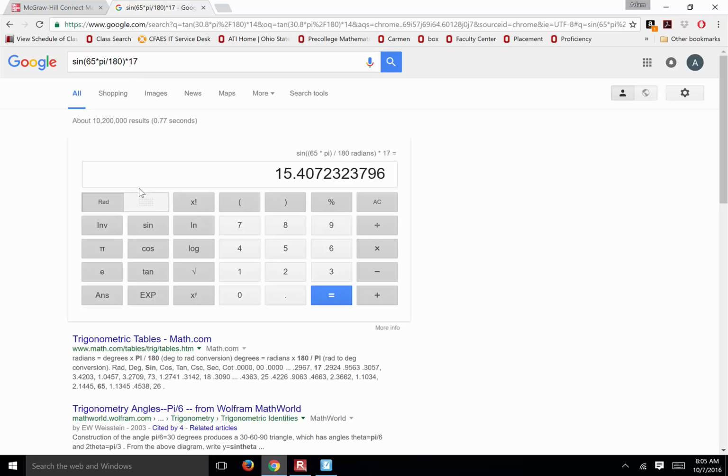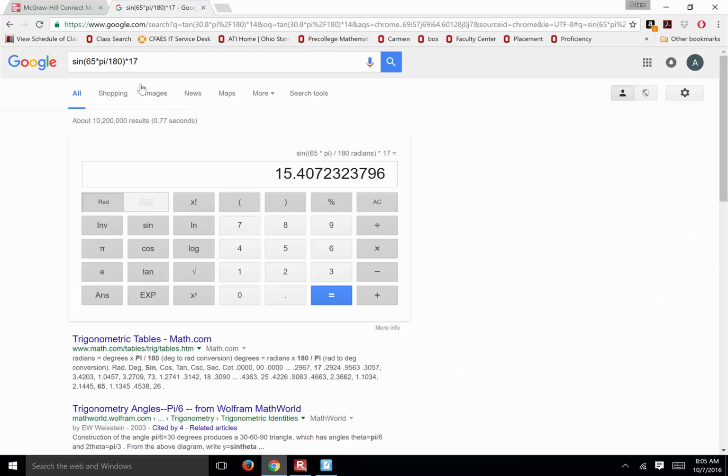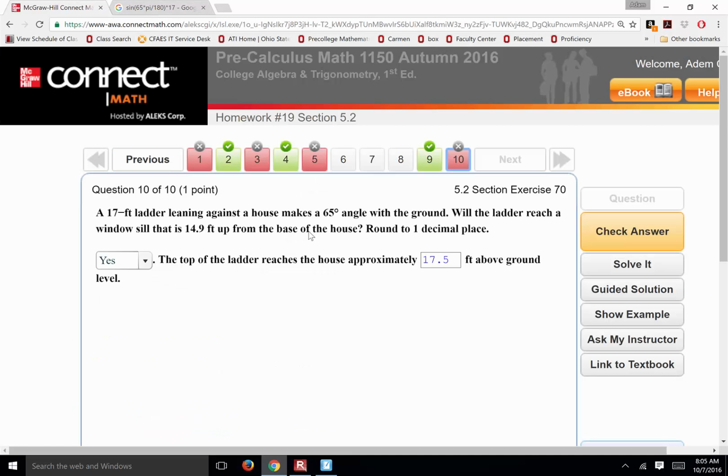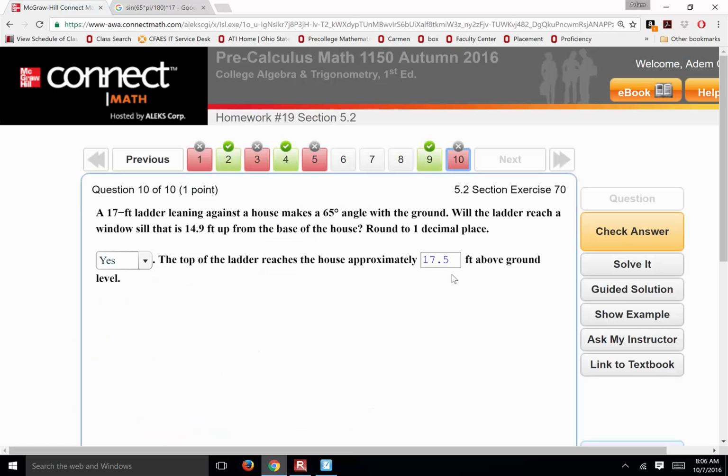Let's see. This goes 15.4. Where is it? No, where is that? 14.9. 15.4. So we are good again. 15.4, yes. Now we got it.